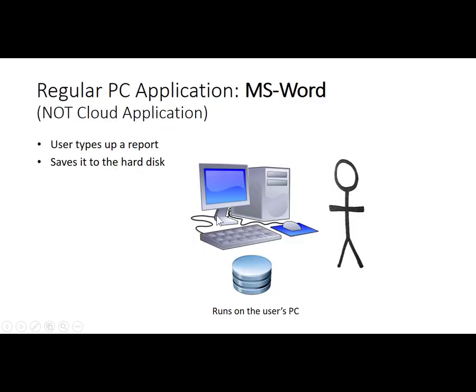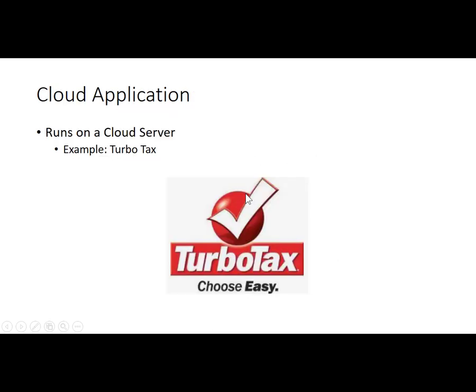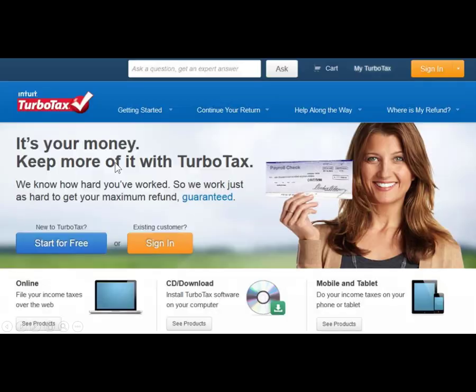Whereas a regular PC application is installed on the PC and runs on the PC, a cloud application runs on a cloud server, and we use them all the time and don't even think about it. Perfect example is TurboTax.